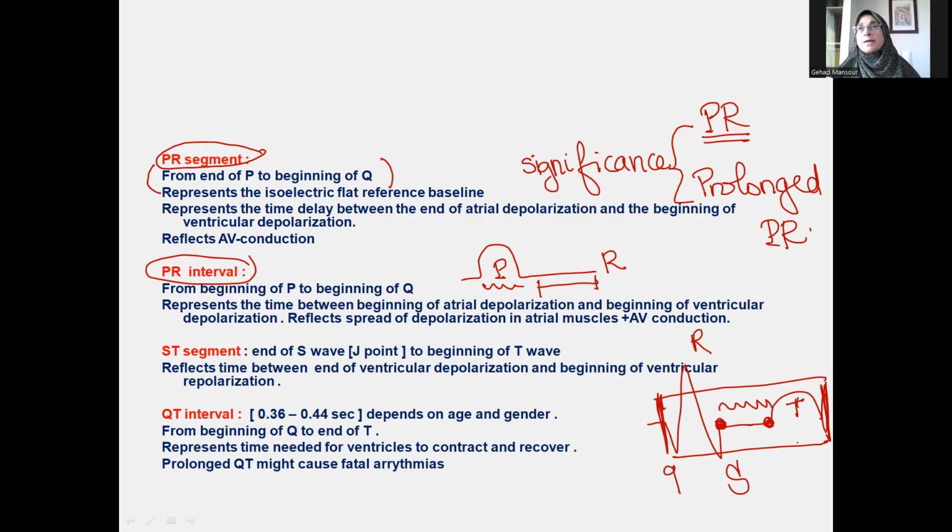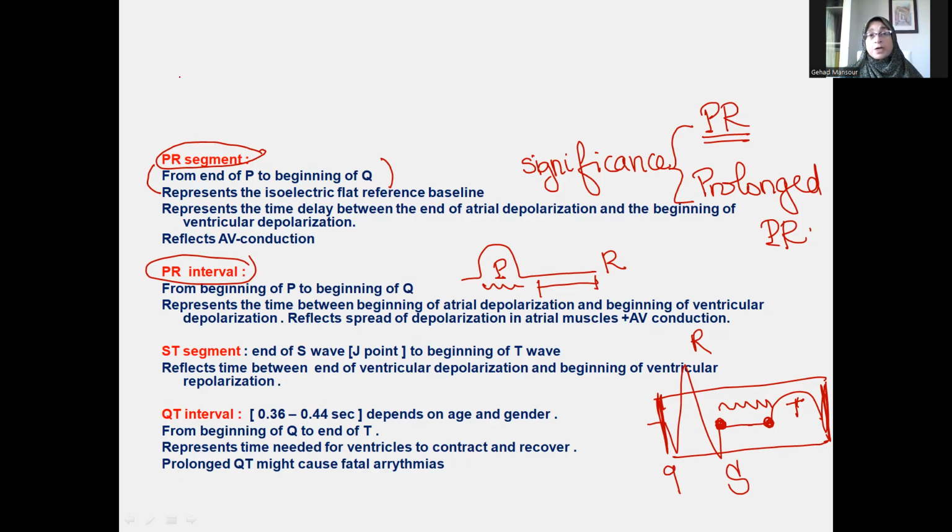I wouldn't accept such an answer like, for example, it represents the time for the QRS complex and the T wave. No, I need to know what the QRS complex represents and what the T wave represents. The QRS complex represents spread of depolarization over the ventricles, and the T wave represents repolarization of the ventricles.